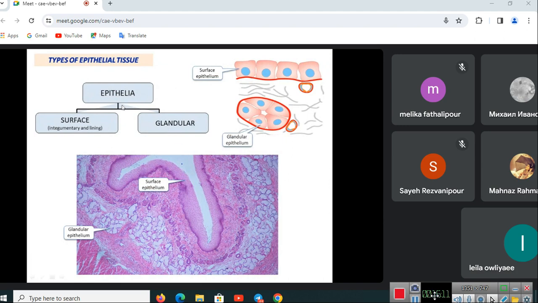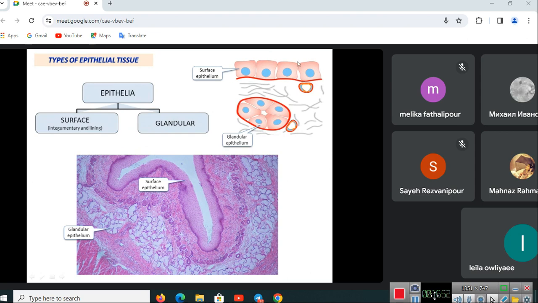All the epithelia are divided into two large groups: surface or lining epithelia and glandular epithelia. So, surface or lining make one or several layers of cells located upon basement membrane, and they separate the internal environment of our body, which is below the basement membrane of this epithelium, and the outer environment of our body, such as the air outside of our skin, or the content of our stomach and intestines.